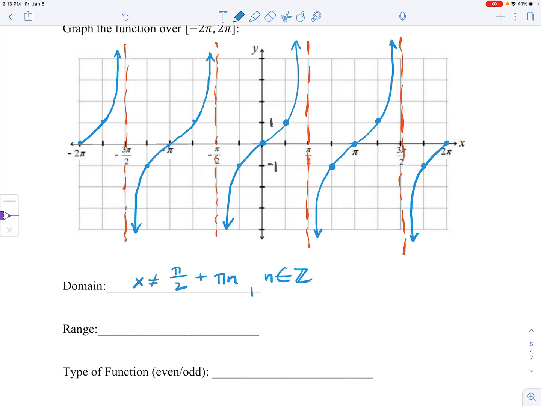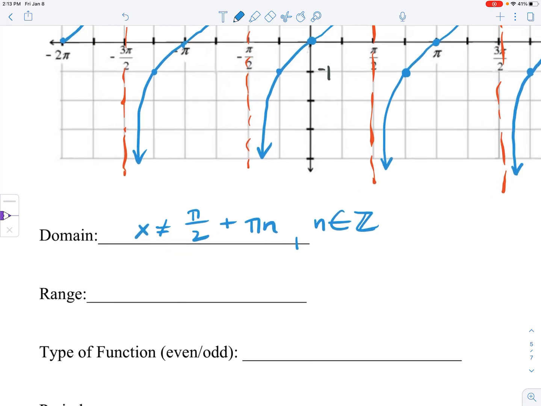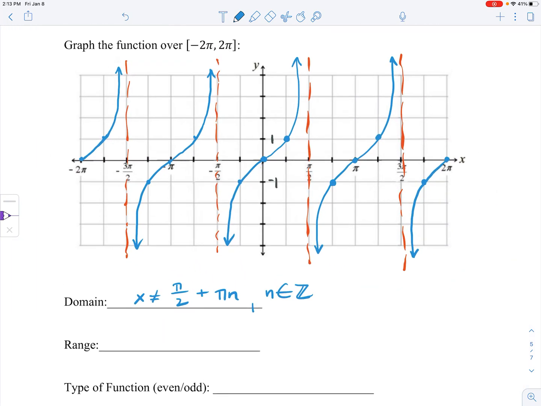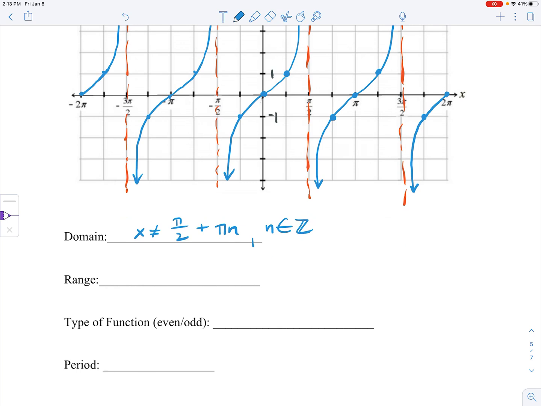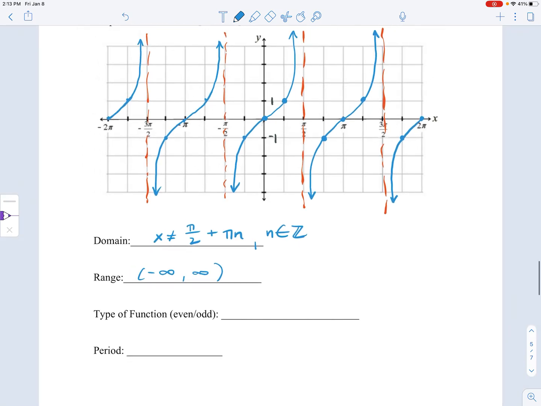So n's 1, 2, 3, negative 1, negative 2, negative 3, 0. That will represent all of those vertical asymptotes, which I've said x cannot be equal to, so that excludes those values from the domain. The range is all real numbers, reading the graph from bottom to top.